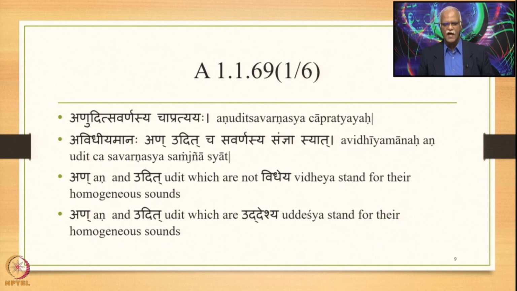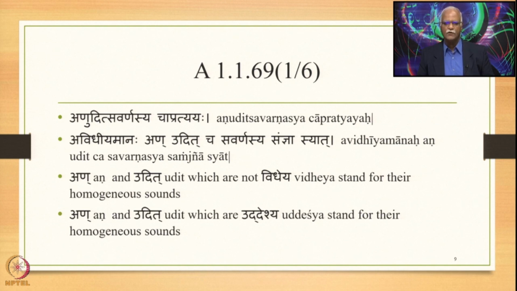So what it says is that An and Udit, which are not vidheya, stand for their homogeneous sounds. What this sutra assumes is that the knowledge of An and Udit is already there. Everybody knows what An is and what Udit is, and when they are vidheya and when they are not vidheya.